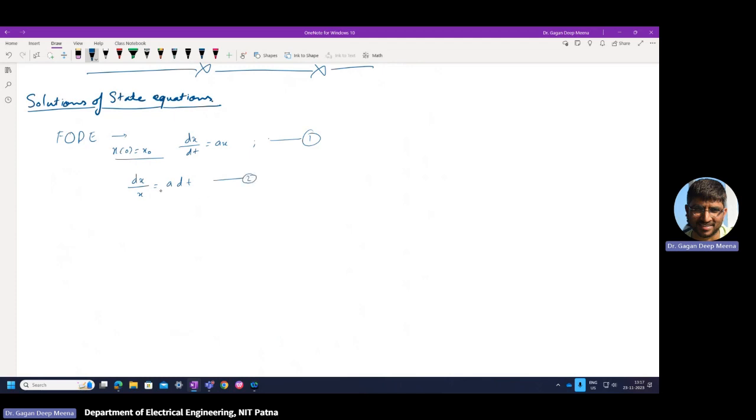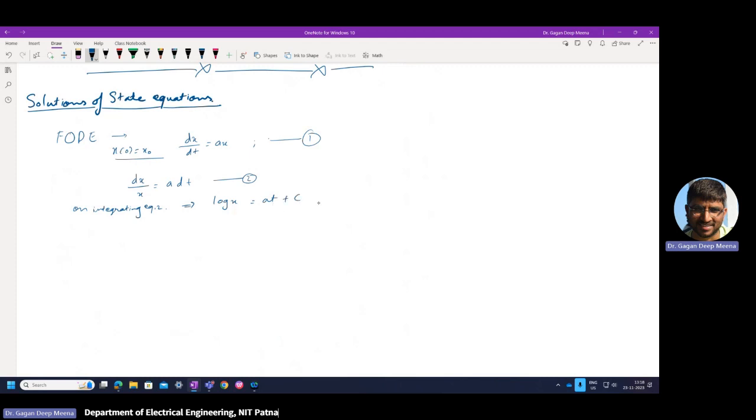On integrating equation 2, I get log of x equals a t plus c.